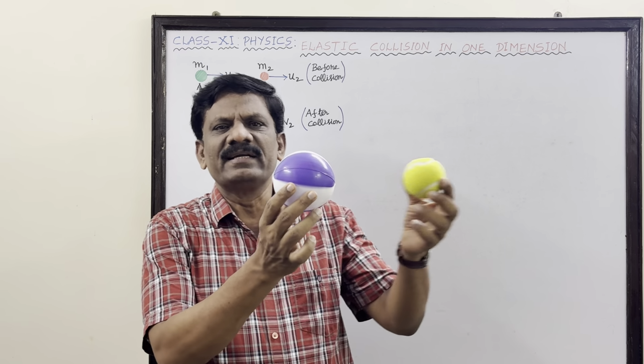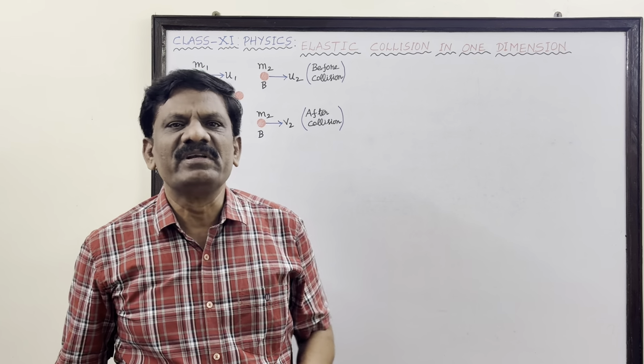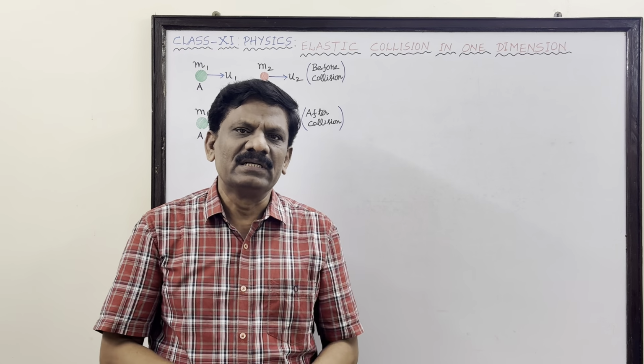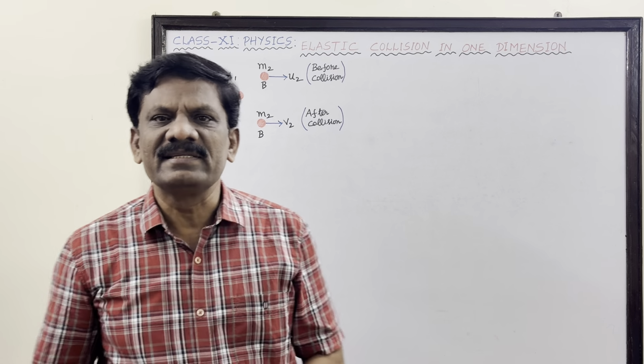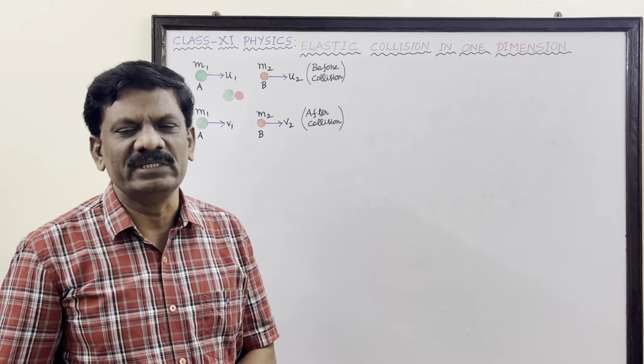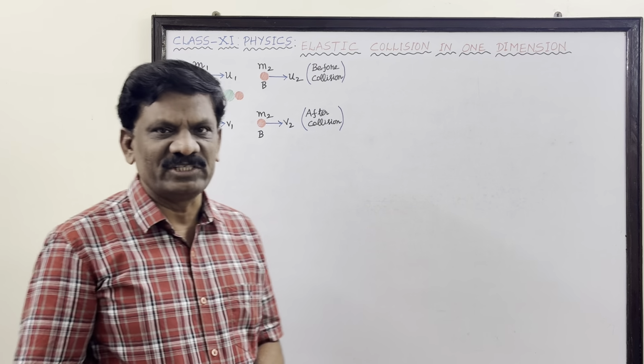After collision they get separated and once again follow the same path. Such a collision is called a one dimensional collision. If during this collision kinetic energy is conserved, that means there is no loss of kinetic energy, then such a collision is called an elastic collision in one dimension.